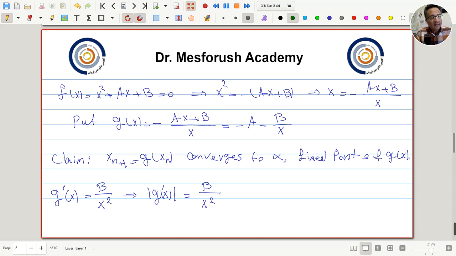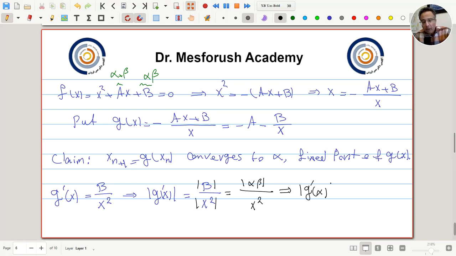But we know that in a second order equation, the coefficient of x is minus (alpha plus beta), and the constant value is alpha times beta. So here we can get, let me put absolute value here, alpha beta over x squared.